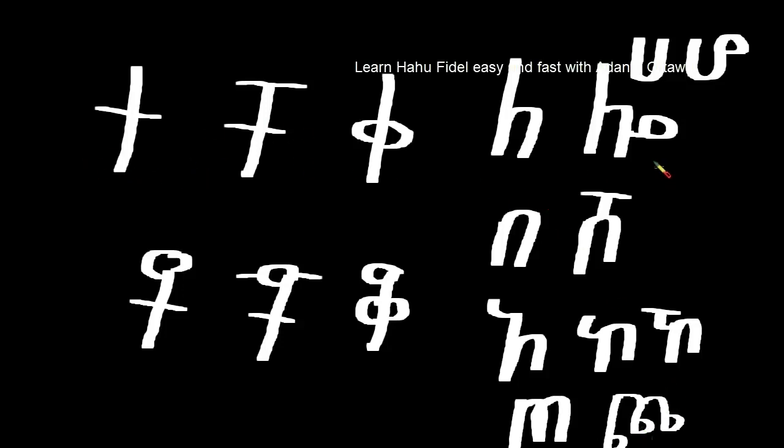So try to pay attention to the differences between two-legged and one-legged Hahu Fidels, but not all of them. Like if you say na, na is like this. Okay, na. For nye the same. Nye, nya is the same as na, but this time you put it here like this. Na, nye, nya.